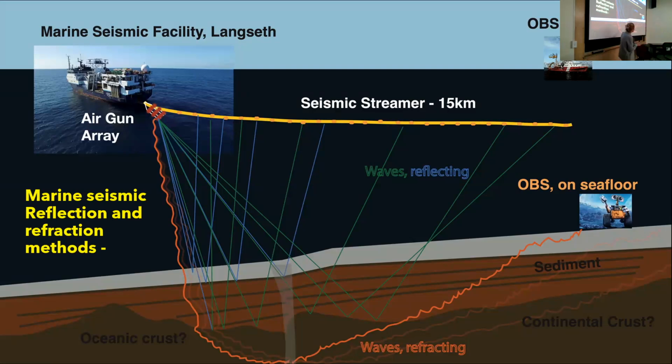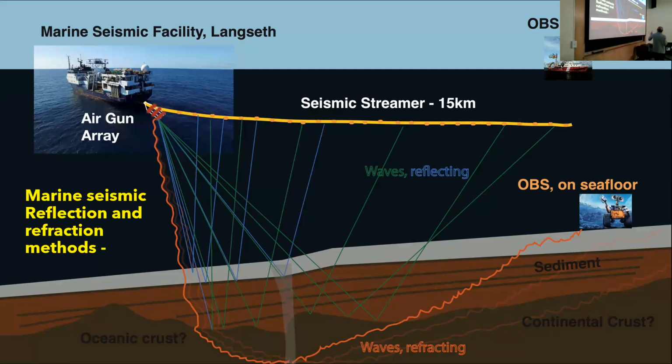The reflections give us a cross section of specific structures and unconformities within the subsurface, whereas the refracted waves recorded on ocean bottom seismometers give us information on the physical properties of the rocks themselves, specifically the seismic velocity structure. We use some fancy processing to provide images of subsurface structure using these two methods.